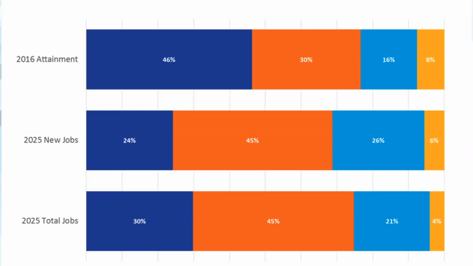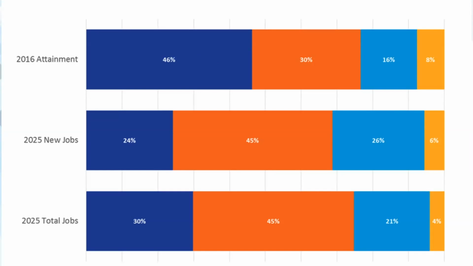If we take a look at this top bar, it is our educational attainment for all adults in Oklahoma in 2016. That dark blue chunk, 46%, is the percentage of adults in Oklahoma with a high school diploma or less.